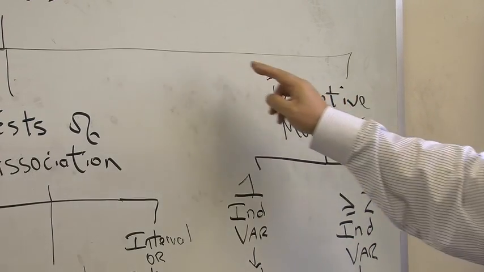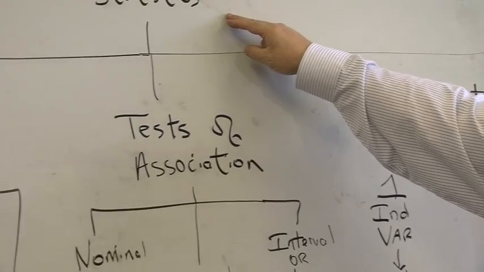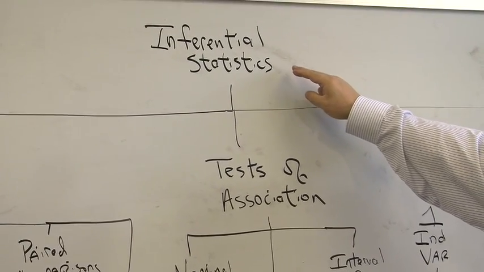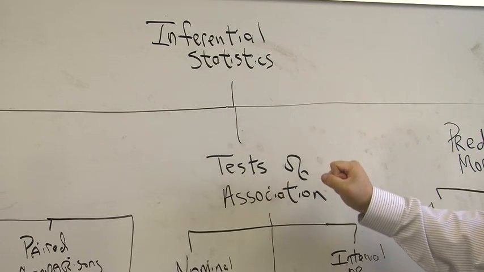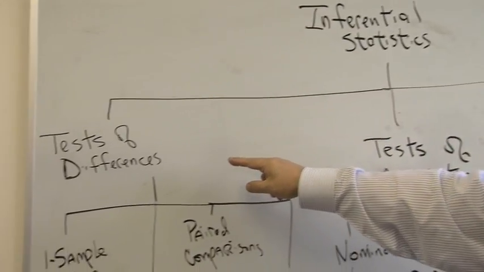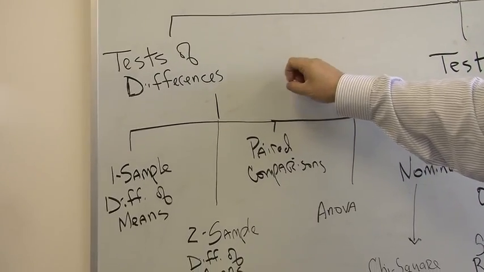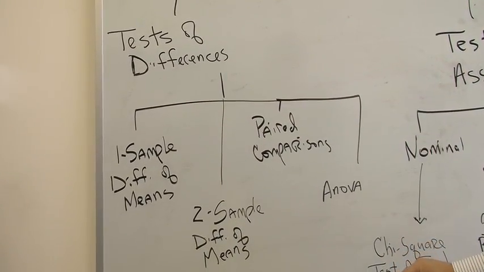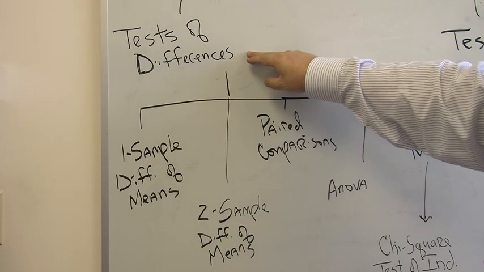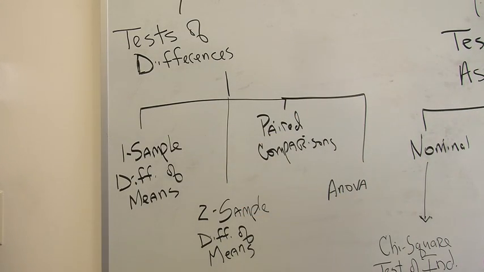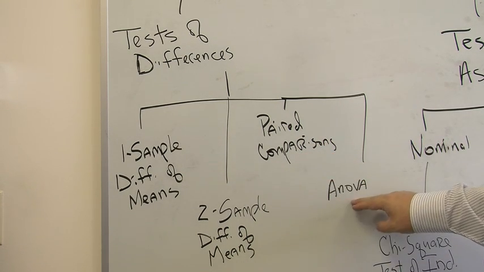Okay? So emphasis in the last probably 2/3 of the semester of MS-264 is on inferential statistics. The last couple or 3 weeks in chapters 10 and 11, our emphasis has been on tests of differences. I'll not really spend any time on this because you should now recognize that you know how to work with 4 inferential tests of differences: a 1-sample difference of means test, a 2-sample difference of means test with independent groups, paired comparisons, and then ANOVA.